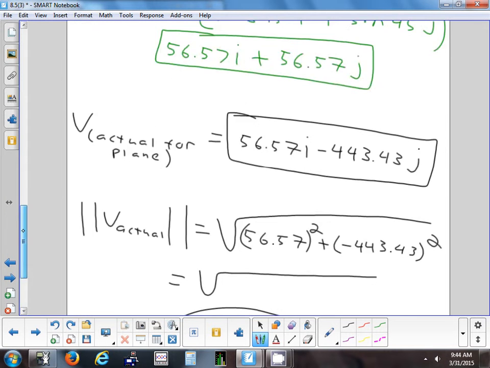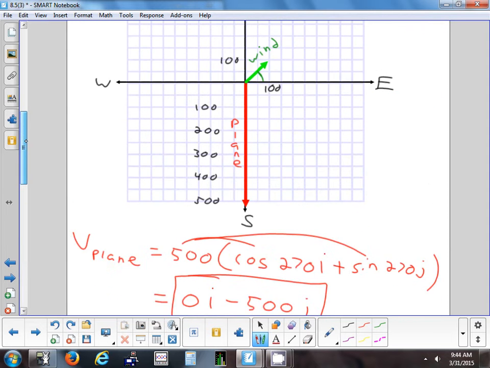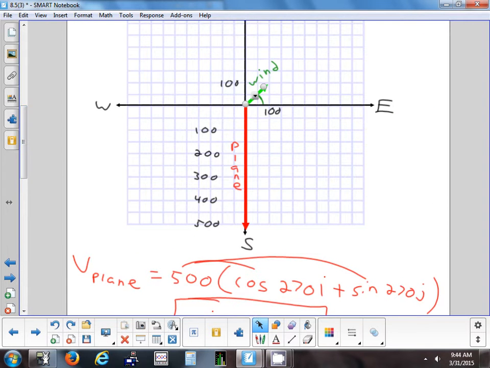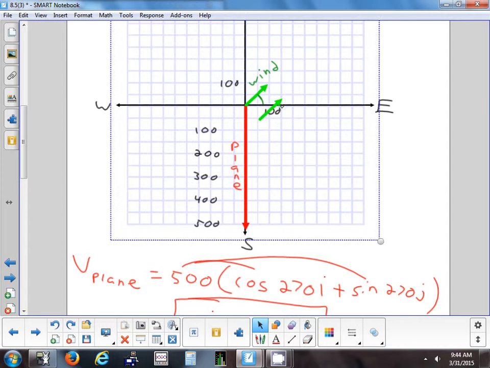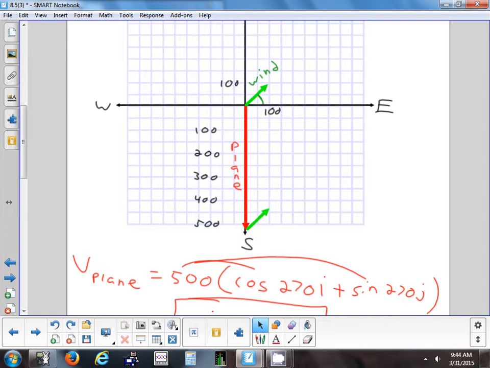Okay, what's its actual direction? Well, the way you could visualize it, add these two vectors together like this. That line in black represents the actual magnitude and direction of the plane. So it's being blown off course to the east a little bit. Okay, how you describe that angle?